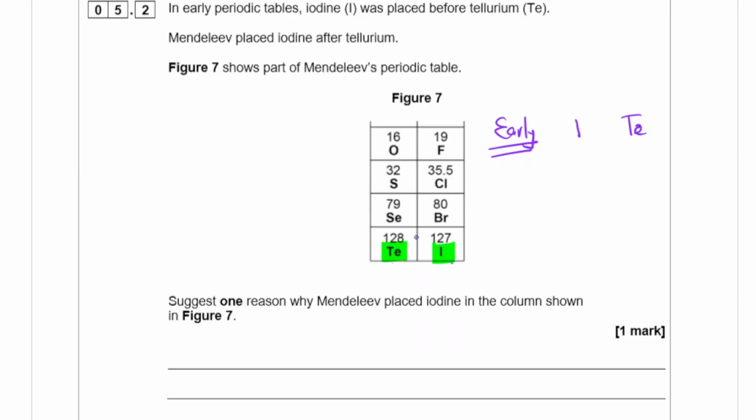But what he did know was the pattern, right?